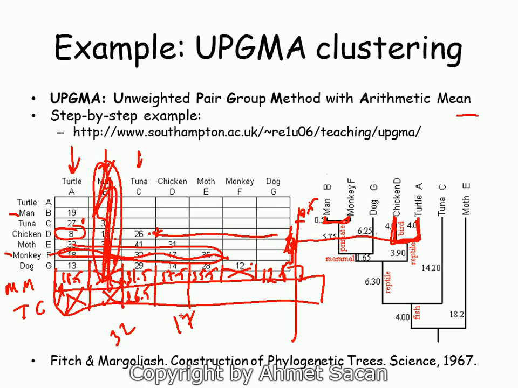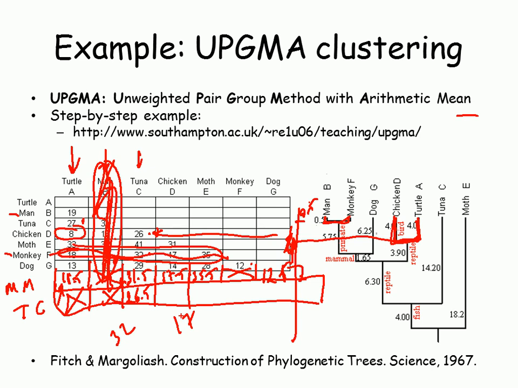So why is it 18.5? Because the monkey and the turtle is 18, but the man and the turtle is 19? And then the man and the monkey have 1 between them? So that's like half? The man and monkey versus turtle? Yeah. Okay, so how did I find man and monkey versus turtle?